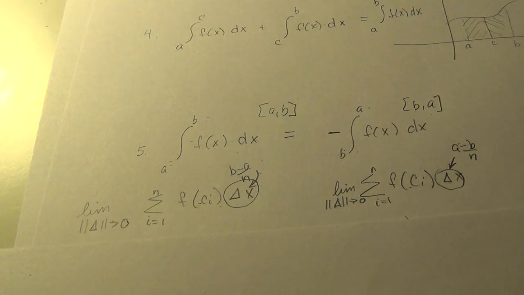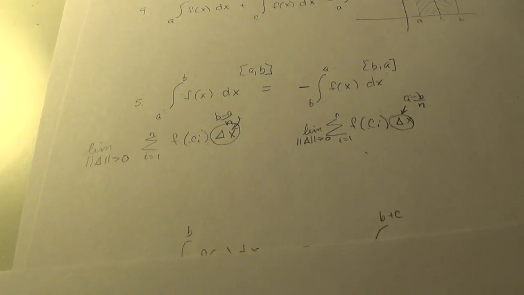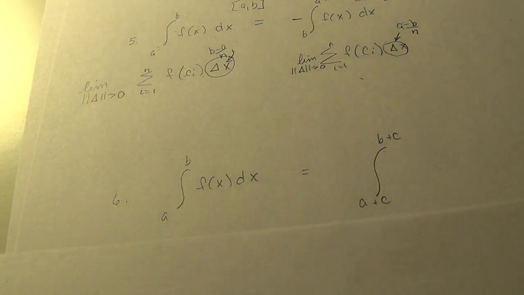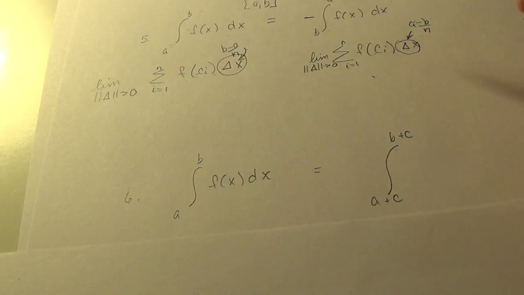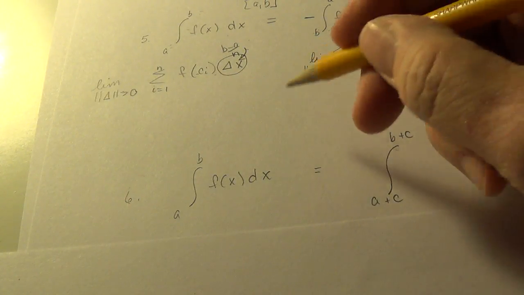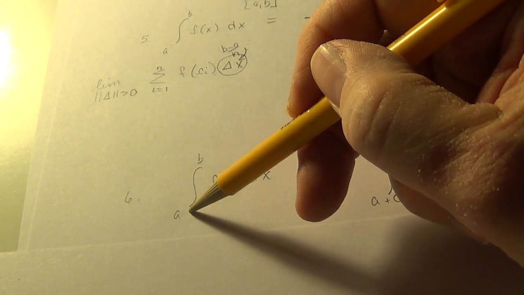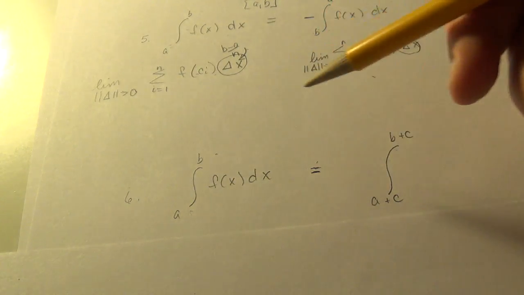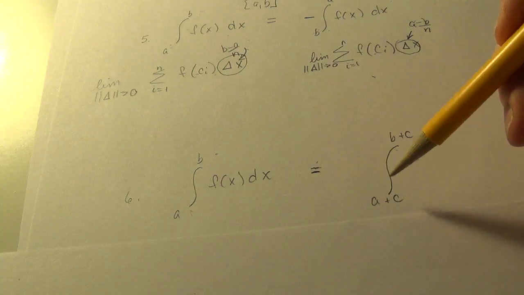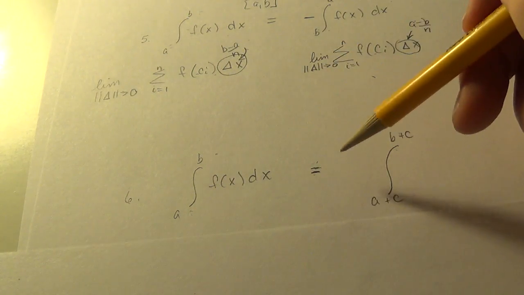Alright, lastly, I have trouble probably sketching this one, so bear with me. Suppose I have the integral from a to b of a function, and I am wondering how I can make these equal if I add a value to the lower limit of integration and add the same value to the upper limit of integration. So I have a plus c instead of a and b plus c, but I wanted these to remain equal.